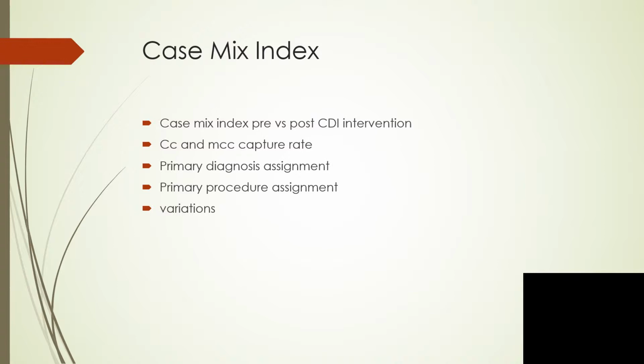Another way is based on that primary diagnosis assignment. So I use pneumonia a lot, but there are benchmarks out there that will tell you about your peer organizations: what is the percentage of their pneumonias that are simple, and what is the percentage that they're able to move into the complex pneumonia DRG. And let's say that your peer, even within your state, you can get these reports for within your state.